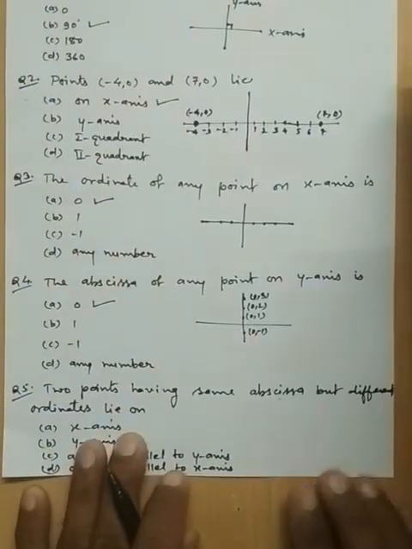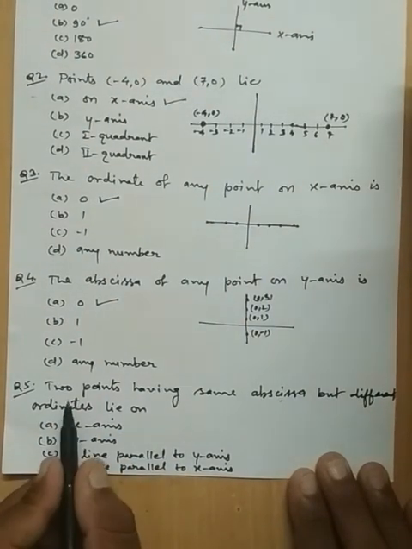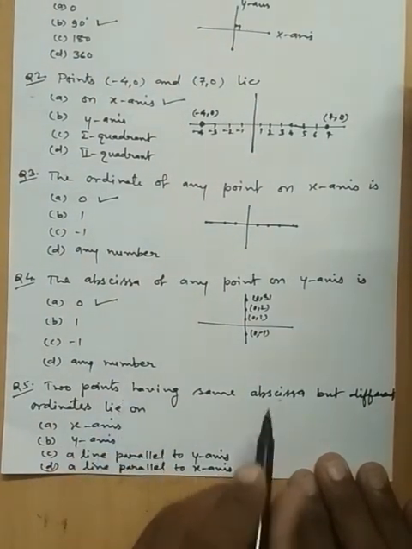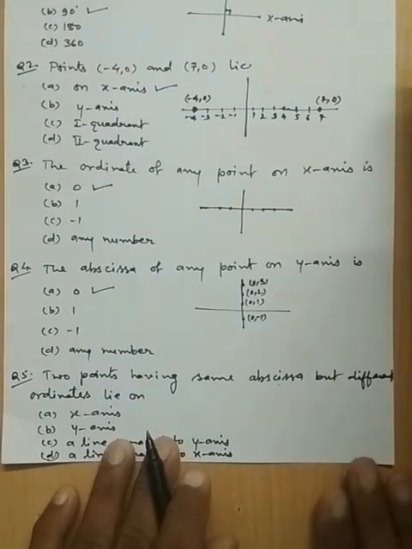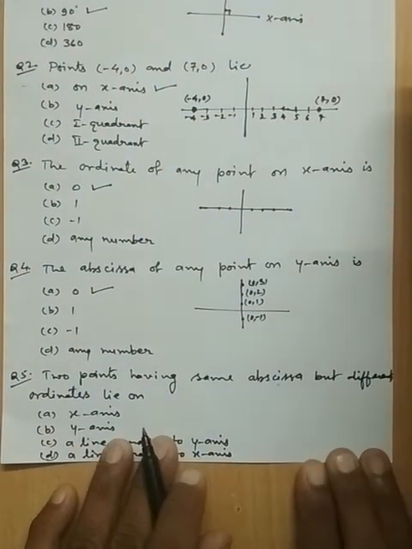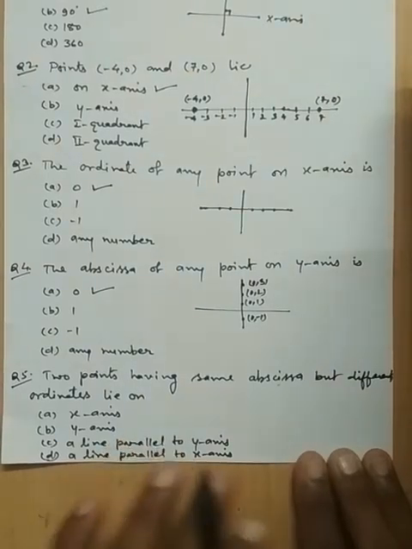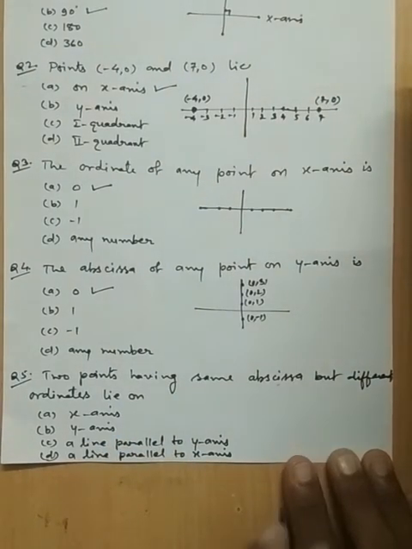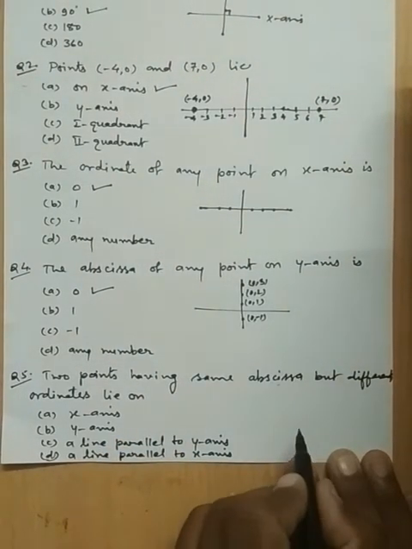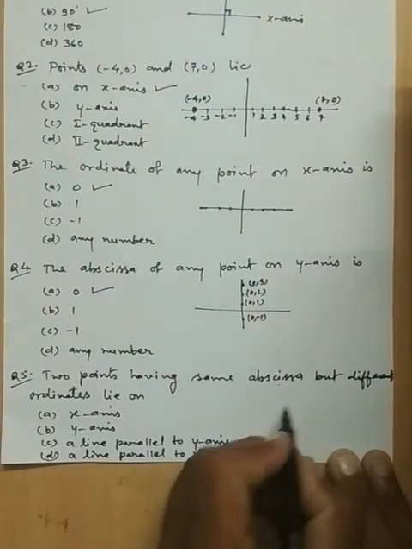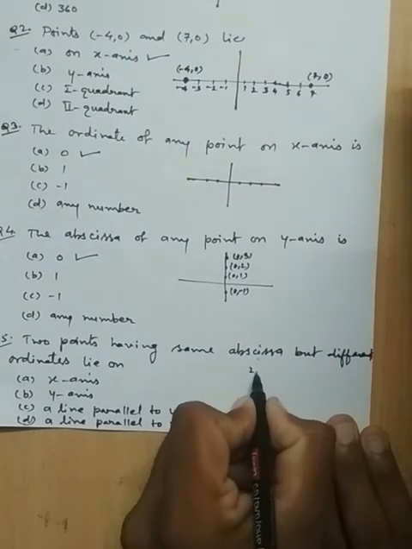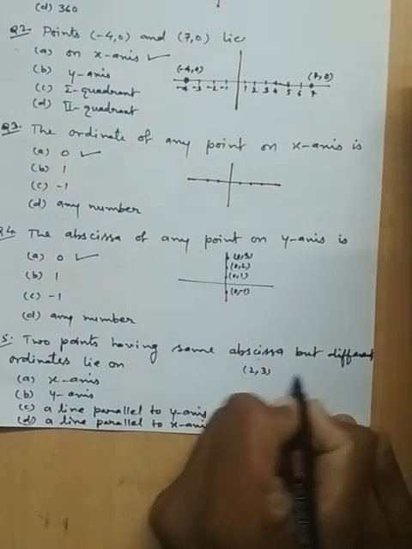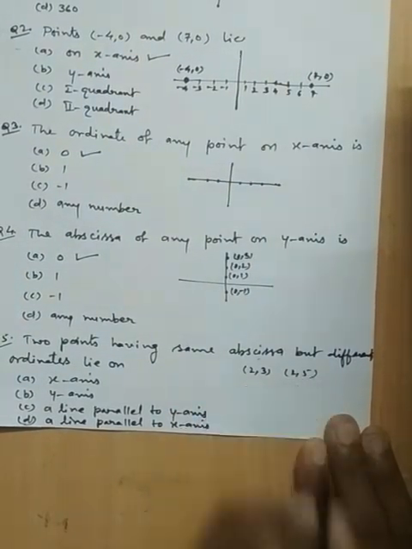Next question: two points having the same abscissa but different ordinates lie on a what? Here two points have the same x-coordinate. Suppose the points are (2, 3) and (2, 5).